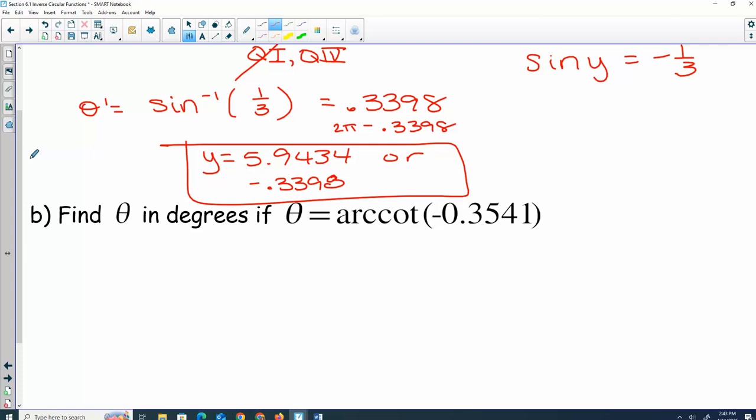Then to put that in quadrant 4, you need to recognize it just as negative. It's the same way. It won't make a difference. Okay.